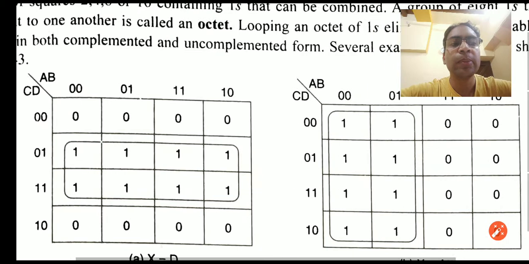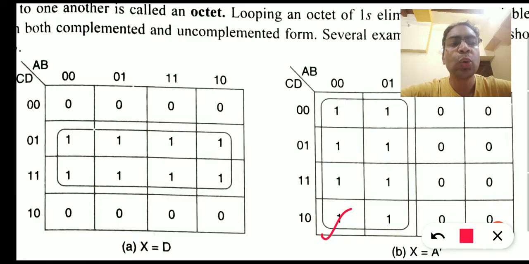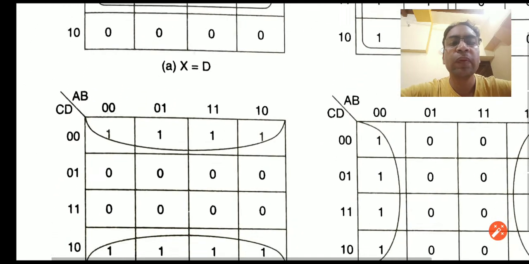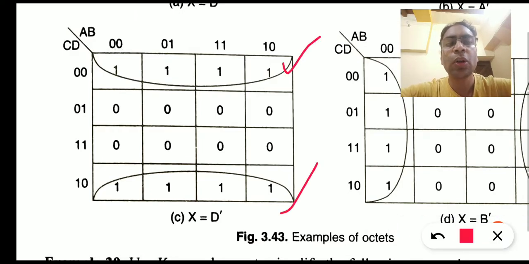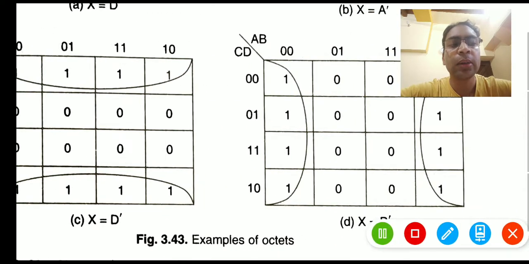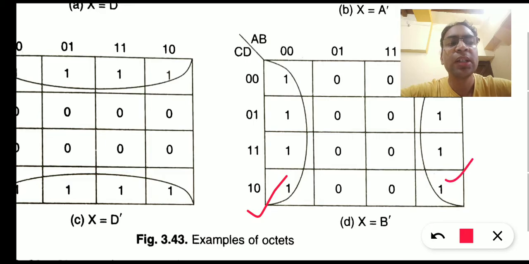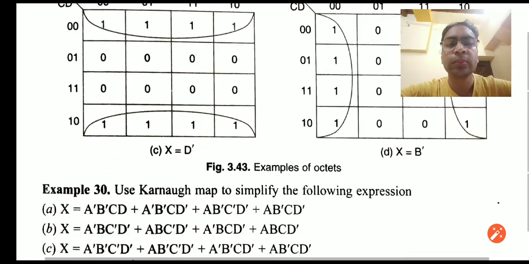The other example you can see, this is the vertical octet with 8 ones. The octet can also be formed in this way by performing the looping. So this is also an octet. Similarly, this is also an octet. So these are the ways we can form the octets in the K-map with 4 variables.